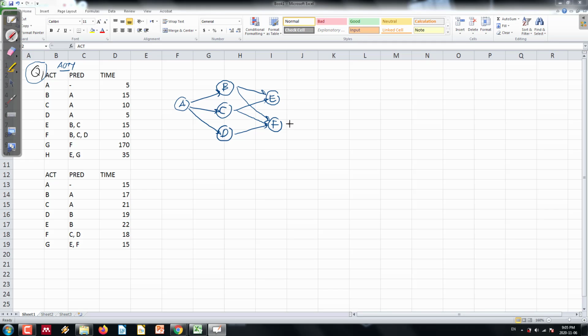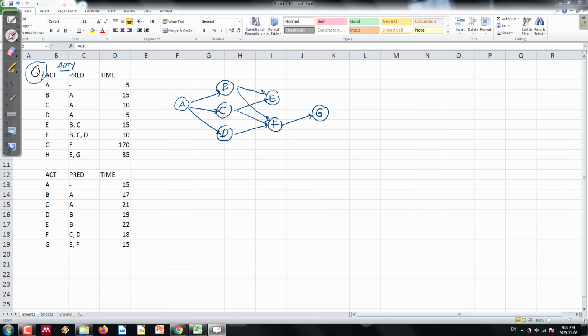Right, and then activity G has F as its predecessor, and activity H has E and G.